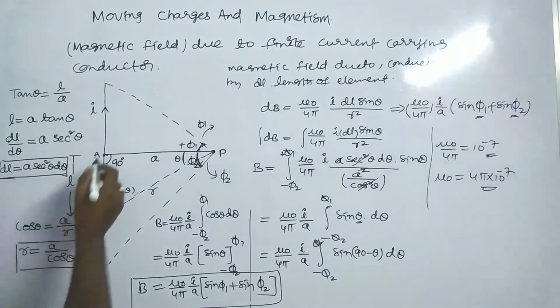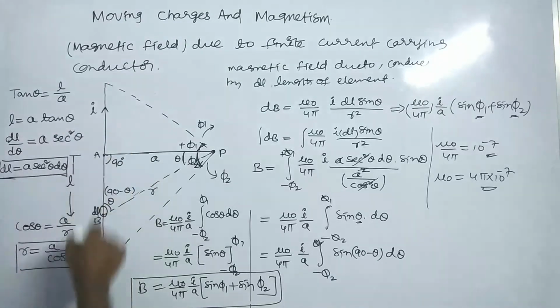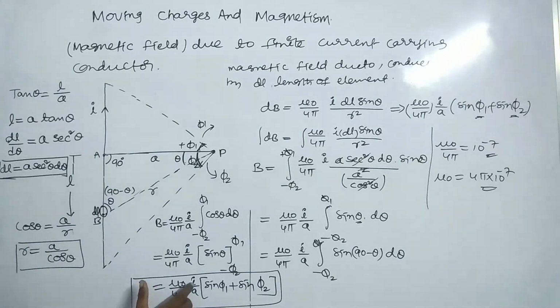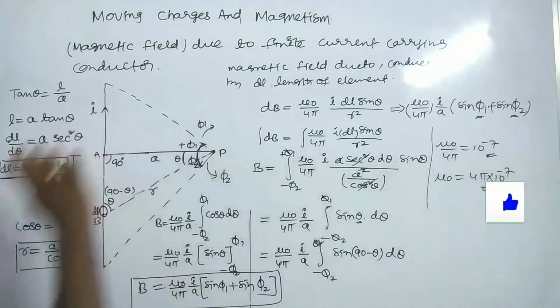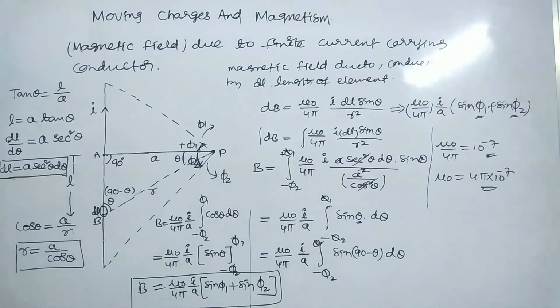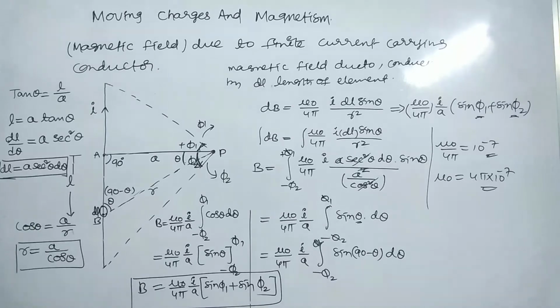You can choose a point which is perpendicular to the current carrying conductor. That is the rule. Okay, so here A is the perpendicular distance and I is the current passing through the conductor, and phi 1, phi 2 are the angles made by the point P. Mu naught by 4 pi is the constant, that is 10 power minus 7, right? Okay, so here let us see some numericals.